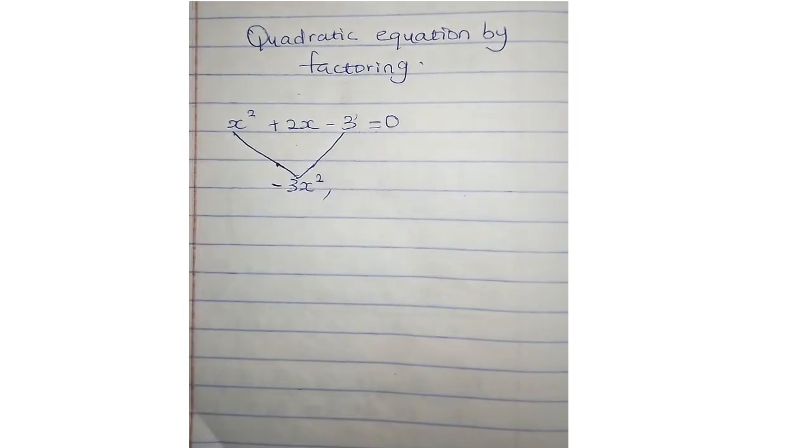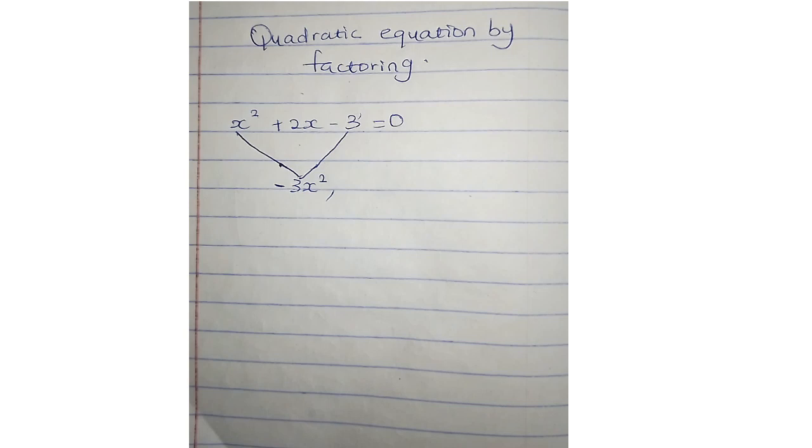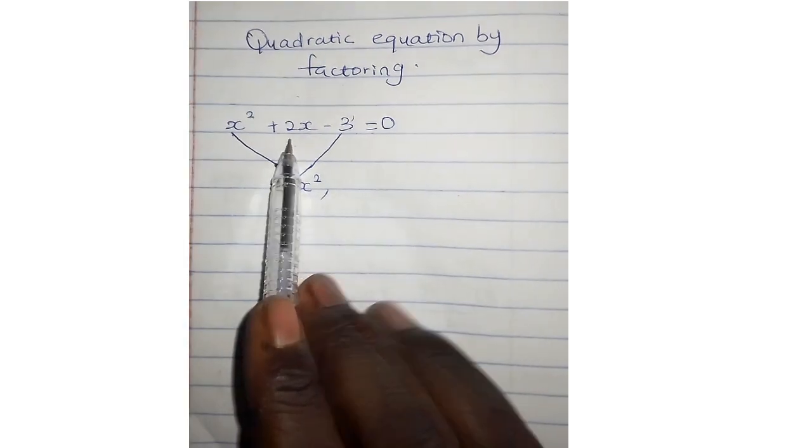Alright, now having a negative 3x squared, we're going to think of a number that when you multiply the numbers, it's going to give us negative 3x squared. And when you either add or subtract those numbers, it's going to give us the middle number, which is 2x.